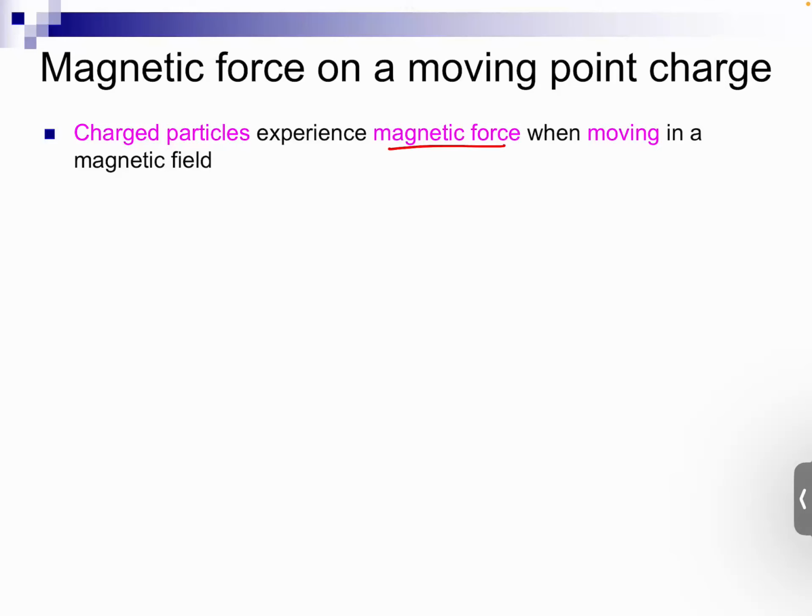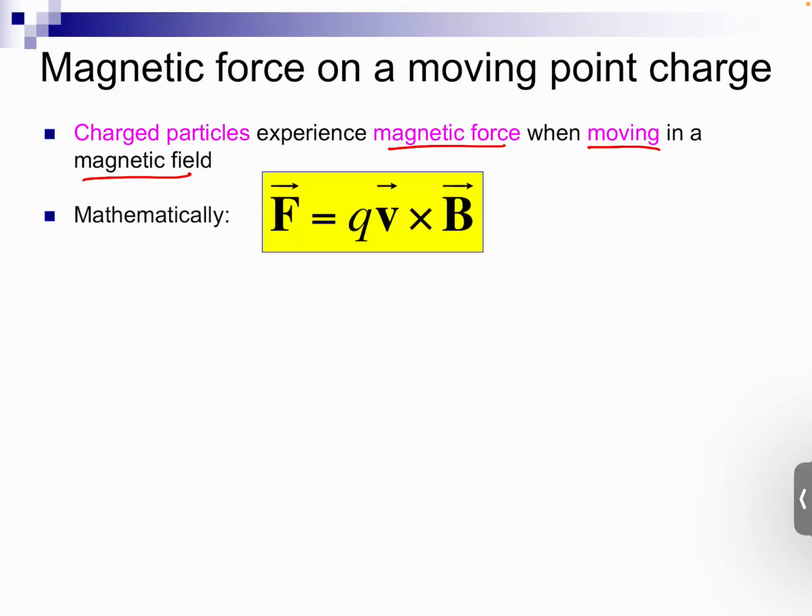And the magnetic force that the moving electrons, moving charges experience is what caused the electron beam to bend. It's the presence of those two things. You have a magnetic field exerting a force on a moving charge. Okay, that creates the magnetic force.